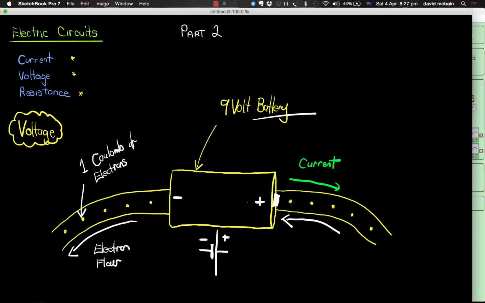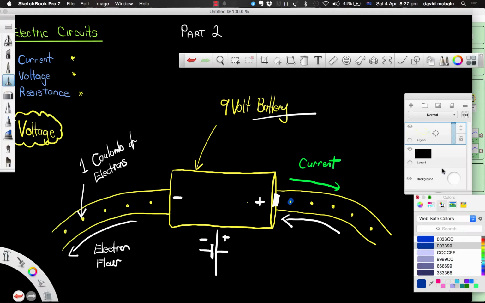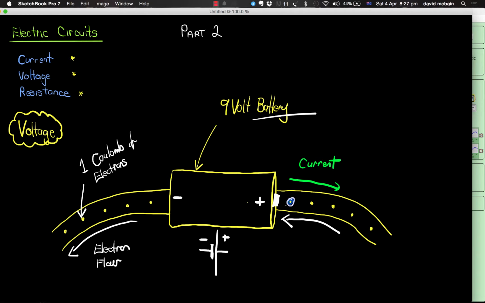As these electrons return from their little journey around the circuit, they're actually depleted of energy. They have no energy left. And when they enter the battery, what is going on inside a chemical cell is a chemical reaction. That chemical reaction converts chemical energy into electrical energy.